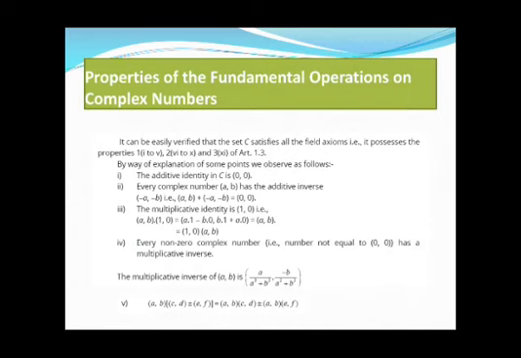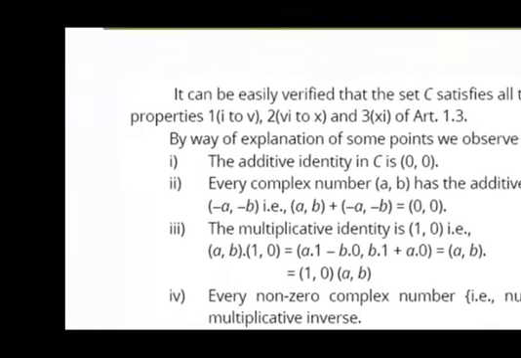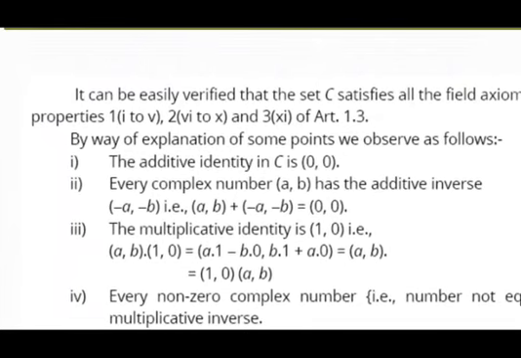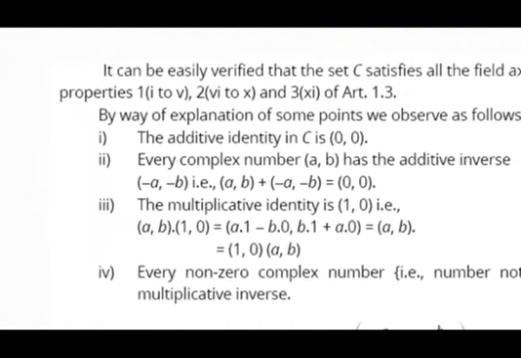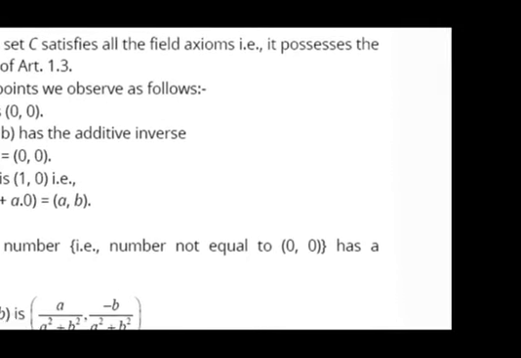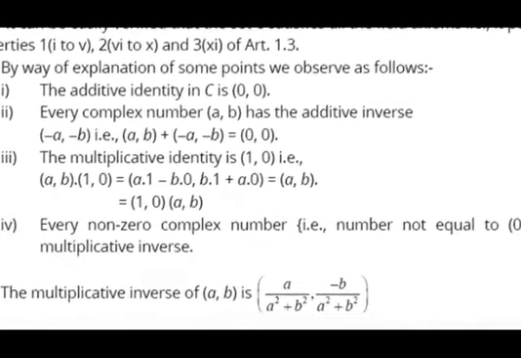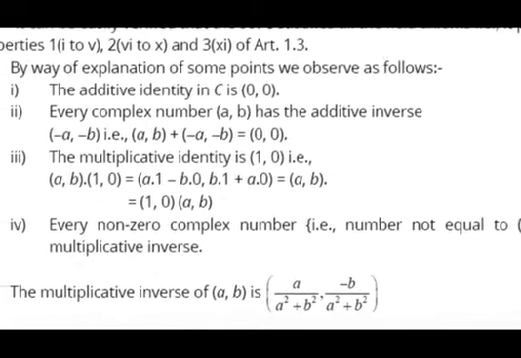Properties of the fundamental operations on complex numbers. The additive identity in complex numbers is 0, 0. Every complex number a, b has the additive inverse minus a, minus b; we change their signs.